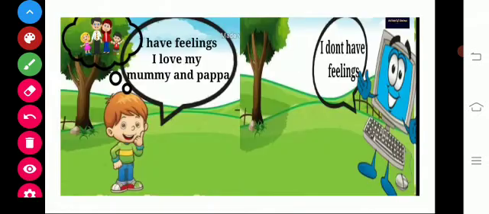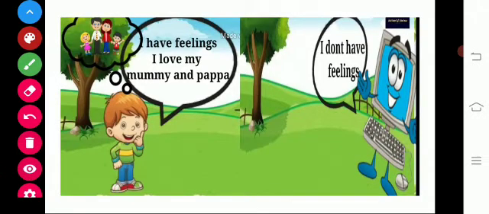And then a man has feelings and a computer doesn't have any feelings. A man may have thoughts about family, work, studying, and lots of feelings, happy, sad, like that. But a computer doesn't have any feelings.